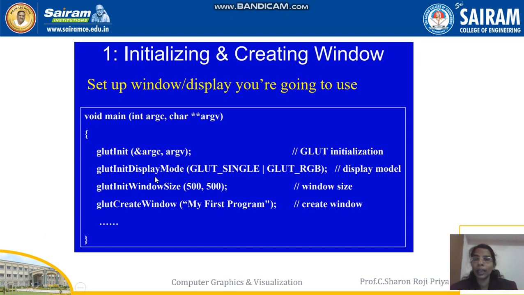And next I have to specify my display mode, glutInitDisplayMode, and it has two parameters. First one tells you the number of buffers used. Single means I am using a single buffer, double means I am using two buffers. And the next is the color system. I am using the RGB color system.